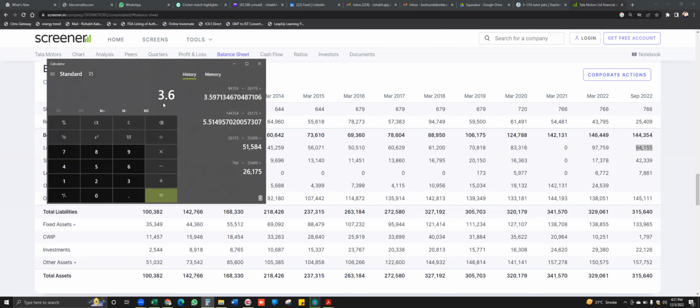Find the weights. Take 3.6 as your debt to equity, what will be the weights?